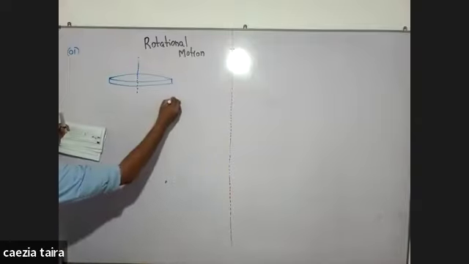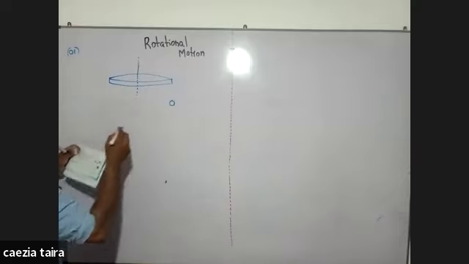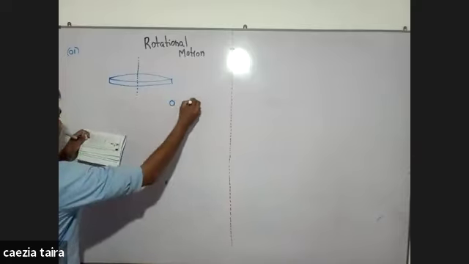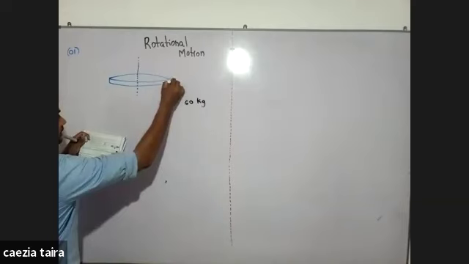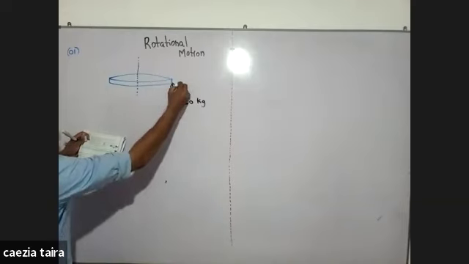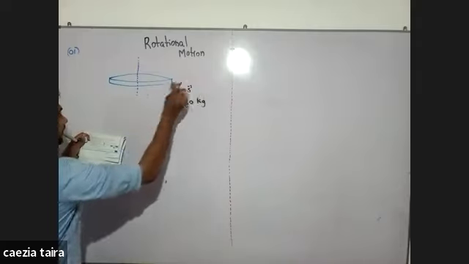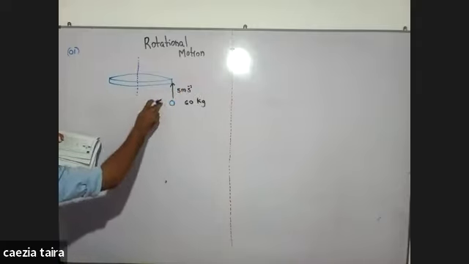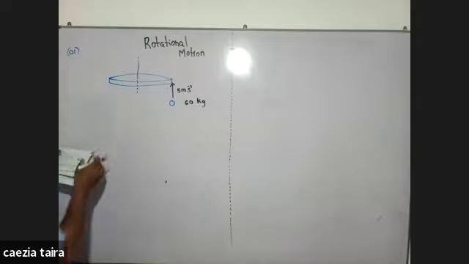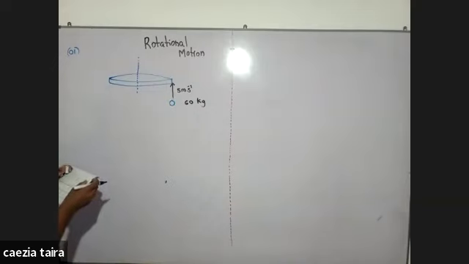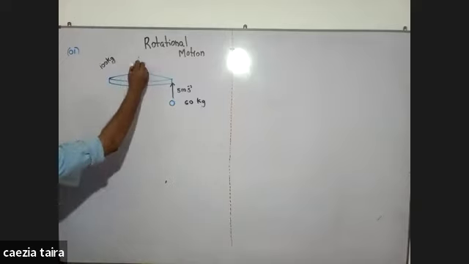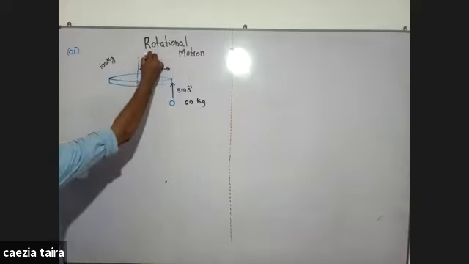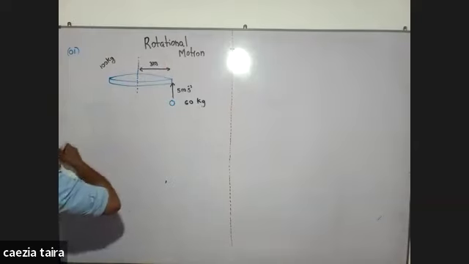There's a man who moves around this axis with a velocity of 5, and he's going to get onto this platform at a point on the circumference. The platform has a mass of 100 kilograms and a radius of 3 meters.